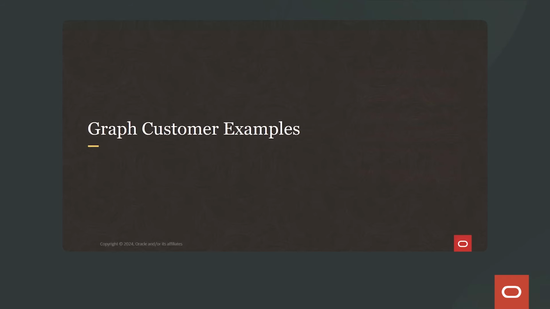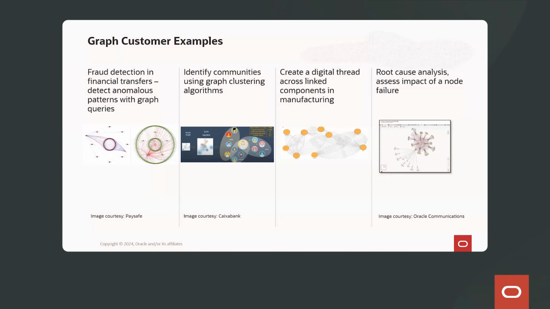So let's take a look at some customer examples. As some of you may know, graph support has been there since Oracle Database 12. We have robust support in 19, and now we have this new SQL syntax in 23. So we have customers using graphs already, even if they're not yet using the SQL syntax.